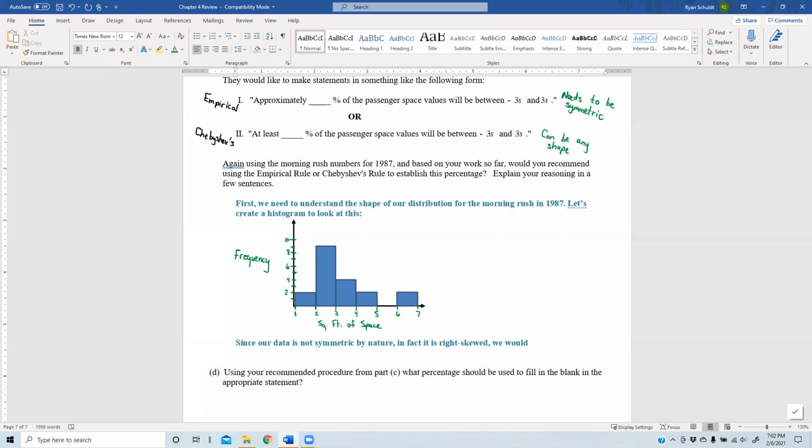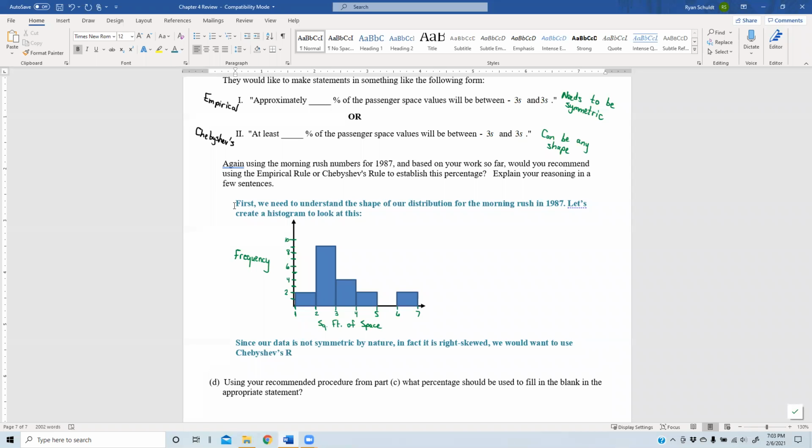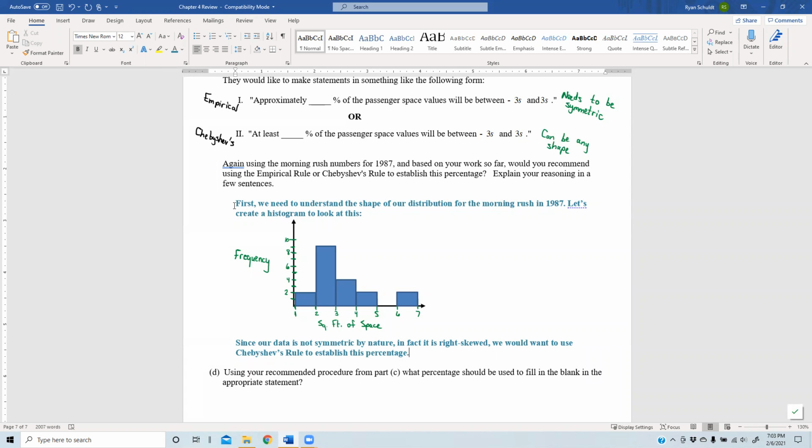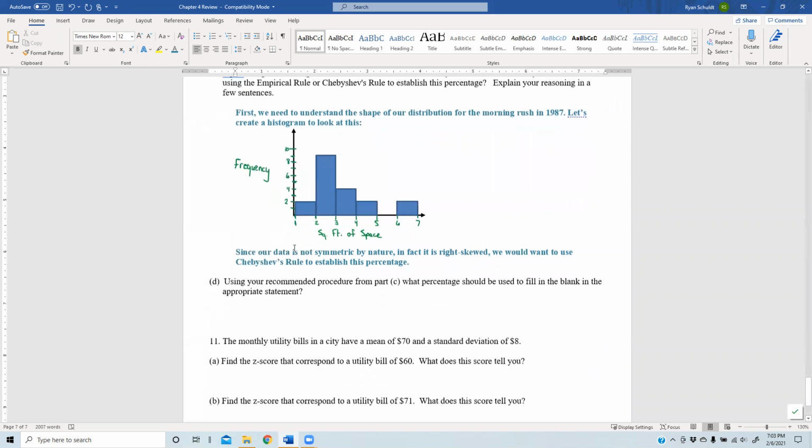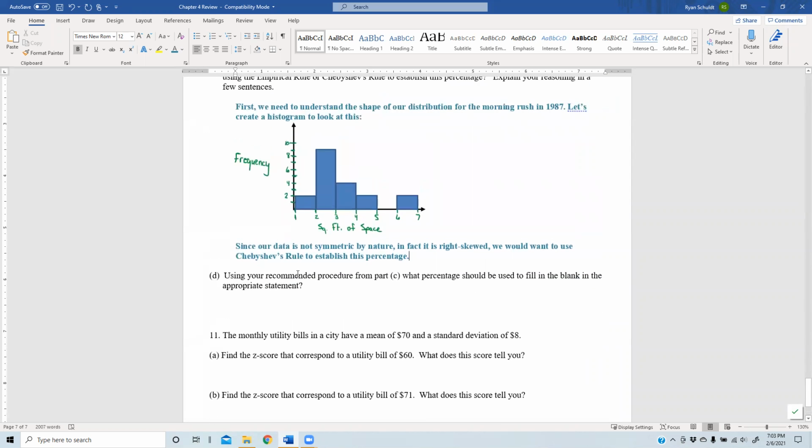We would want to use Chebyshev's rule to establish this percentage. Okay, and now that we've said that, let's actually use Chebyshev's rule. So in your recommended procedure from Part C, what percentage should be used to fill in the blank in the appropriate statement?